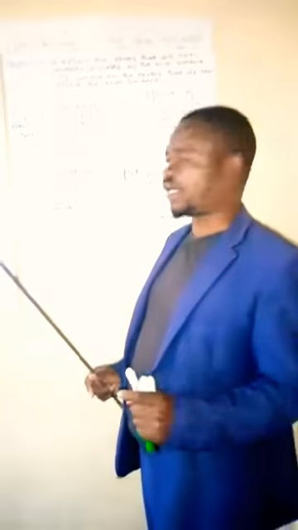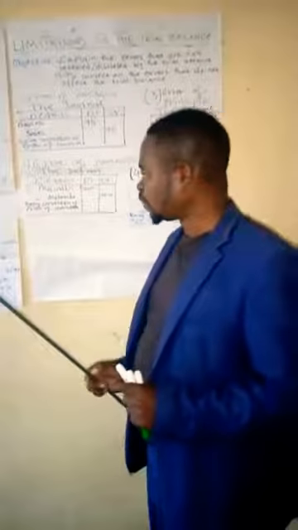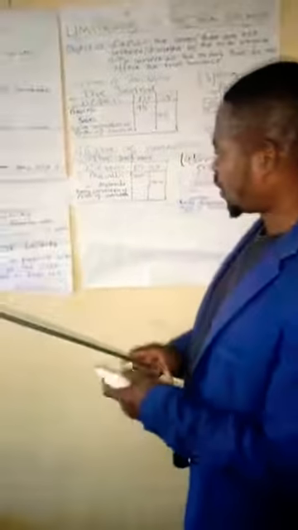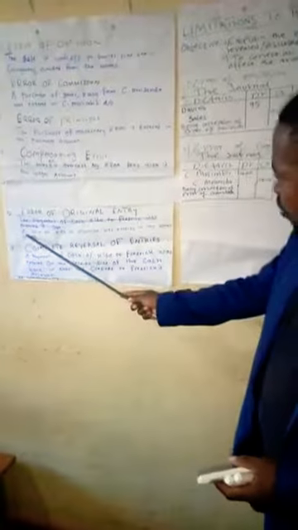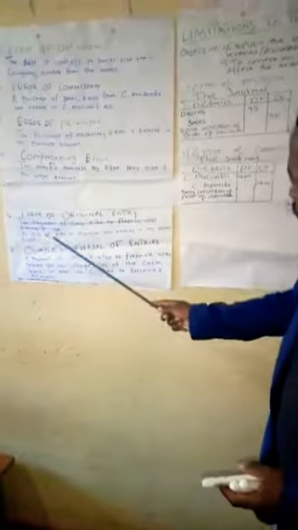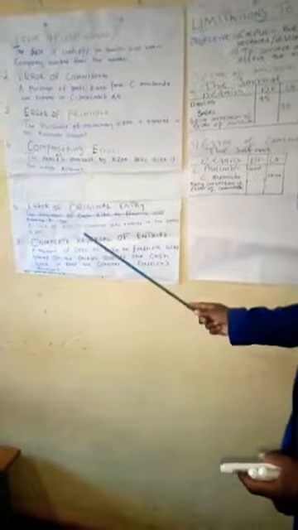Since a wrong figure was used, we need to correct that mistake. Let us look at the example that we have here so that we see how we correct such mistakes. The example we have is a sale of 98 kwacha to Mwamba that was entered in the books as 89 kwacha.